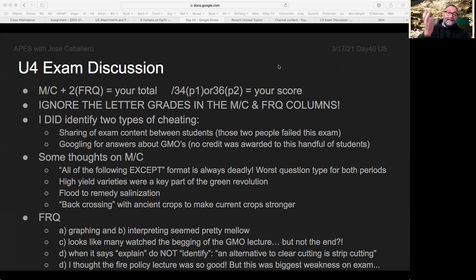So when that disease comes to be a problem, you can backcross your tomato with an ancestral variety to make the new crop stronger, to bring back some of the missing genes. Imagine if you have too many stupid chihuahuas and people determine that that's a problem. Like, oh man, these chihuahuas are just too stupid.